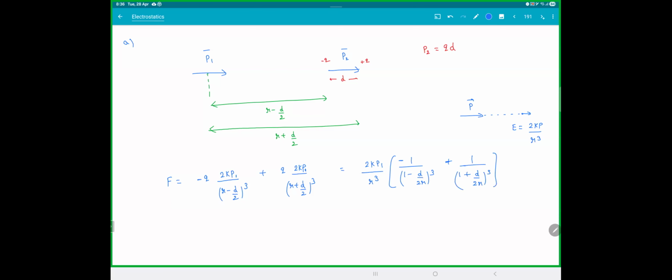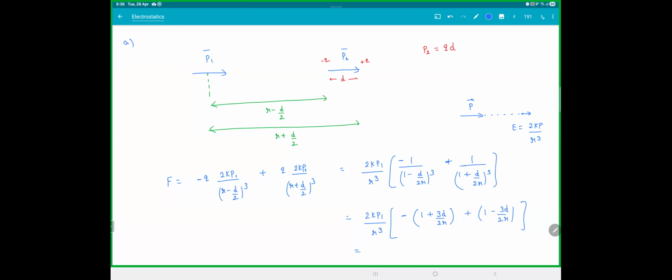Since d is much smaller, I can do binomial approximation. 2kp1 by r cube, and this will become 1 plus 3d by 2r, 1 minus 3d by 2r. Or you can just multiply, expand, and neglect all the higher terms.